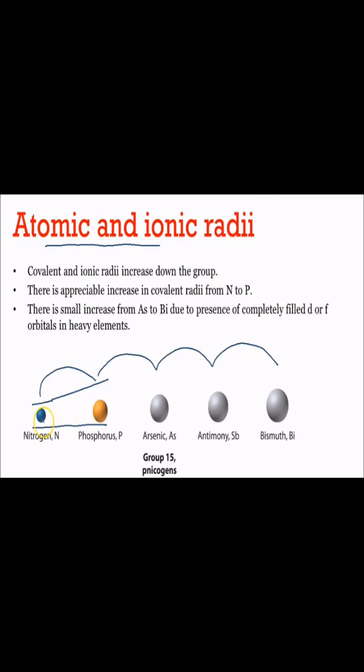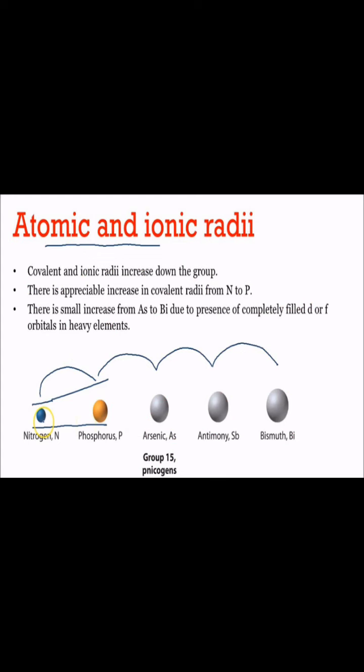This is mainly because the shielding effect of the p orbital in phosphorus is very high. When we move into arsenic, antimony and bismuth, d orbitals enter, and the screening effect of the d orbital is very low. So the influence of the nucleus on the outermost shell is approximately constant in these heavy elements. That's why the atomic size increases only gradually from arsenic, antimony and bismuth.